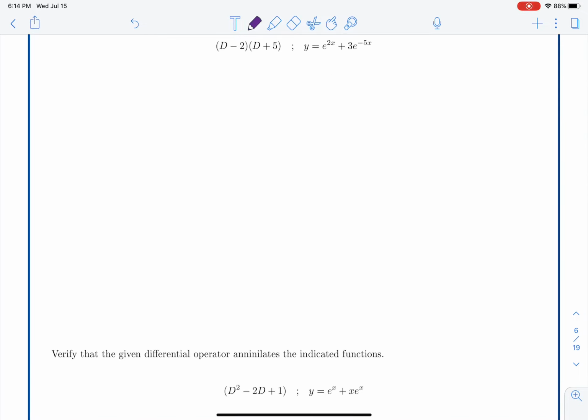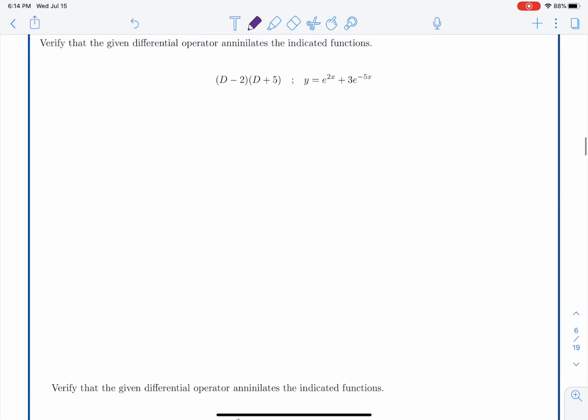So the first step is we can either do it by FOILing and then applying the operators, or keep the factors as is, and then apply one factor at a time. So I'm going to use the latter approach. So D minus 2 times D plus 5 applied to e raised to 2x plus 3 e raised to minus 5x.